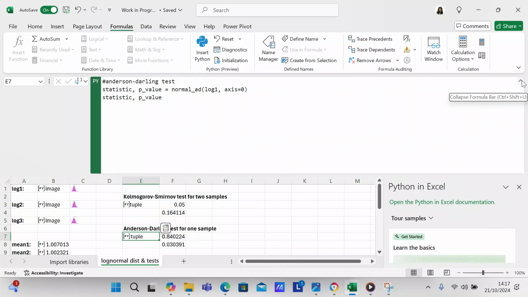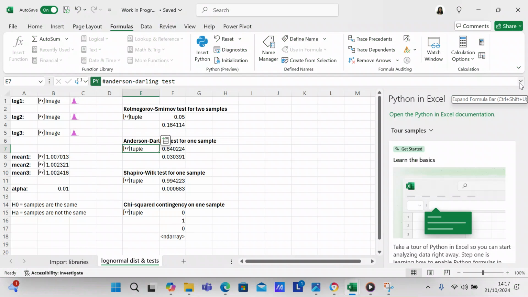So that's why it had problems giving you a high p-value, because it was looking for a normal distribution. And it's not a normal distribution, it's a log normal distribution. But it was high enough that if I changed my alpha to 0.01, then I would be able to accept the null hypothesis, or fail to reject the null hypothesis.